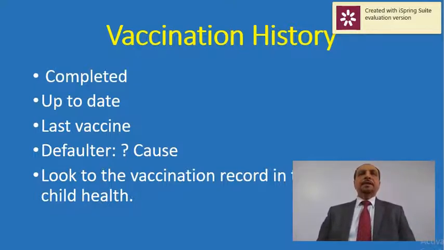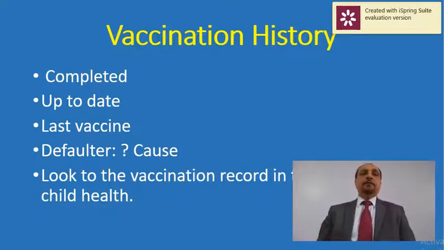We will ask about the vaccination, whether it is completed, but it is not good only to say that he is following, he is up to date or completed the vaccination. That's why the second thing he has to mention is the last vaccine. Who knows what is completed? If the child, for example, has a chronic disease and frequent admission to the hospital, usually if the patient is sick, they will postpone or defer the vaccination at that time.